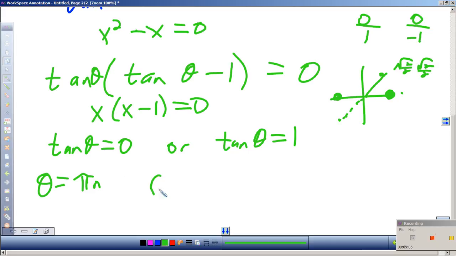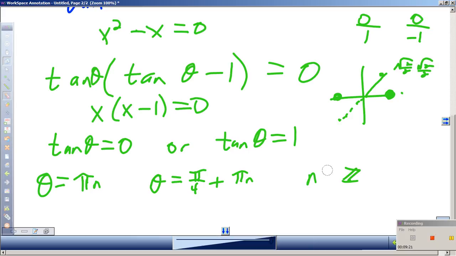So I can say theta equals pi over 4 plus pi n. N is an integer. It's just saying n is an integer, another way of writing it. You could just say n is an integer if you wanted.